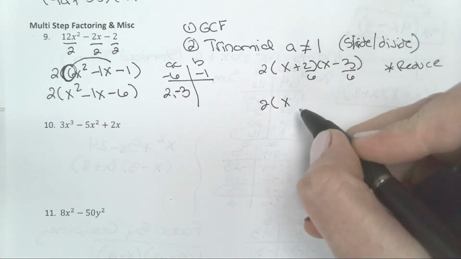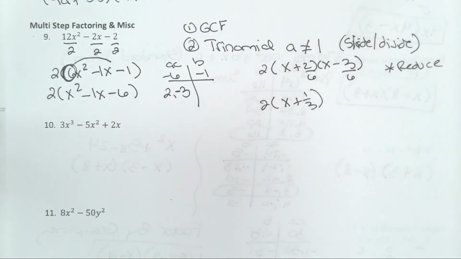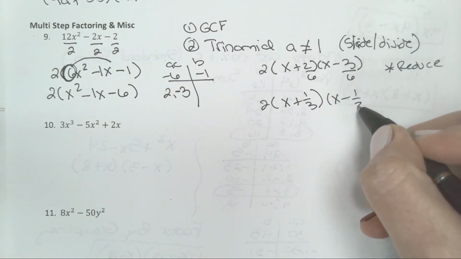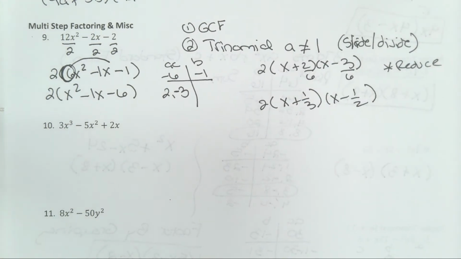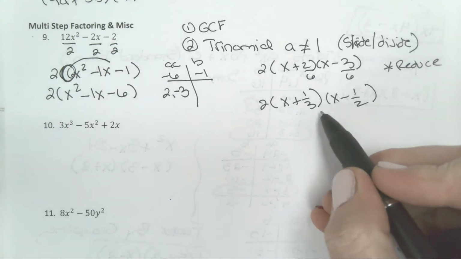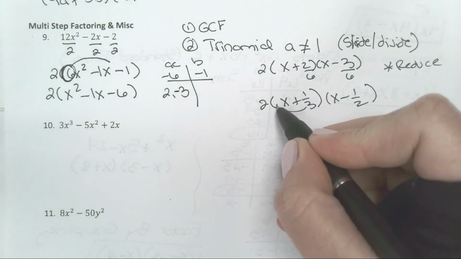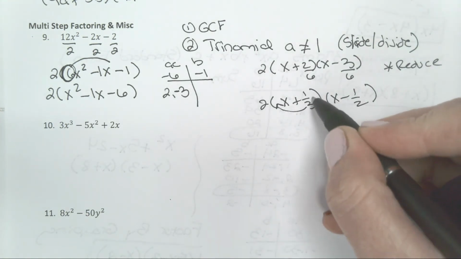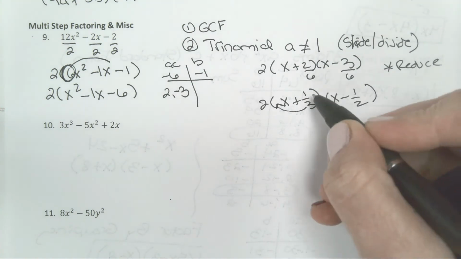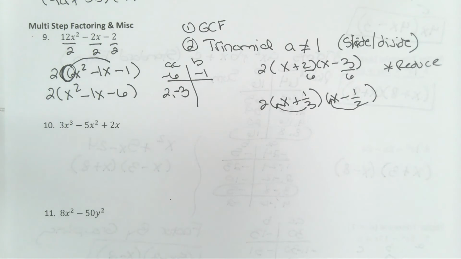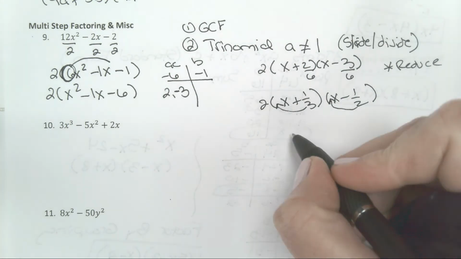So 2/6 reduces down to 1/3, and 3/6 reduces down to 1/2. Now that 1/2 and 1/3 are fully reduced, and 1 does not go into them evenly, it looks like both of my denominators are going to slide up.